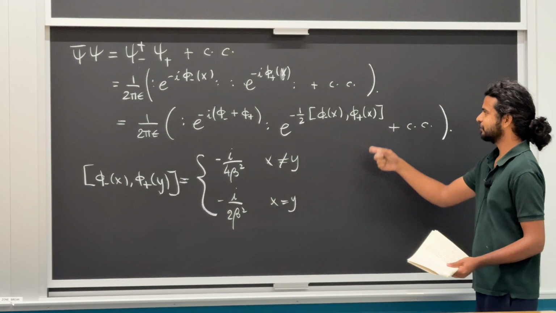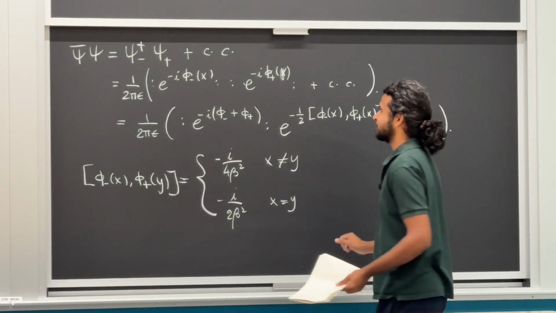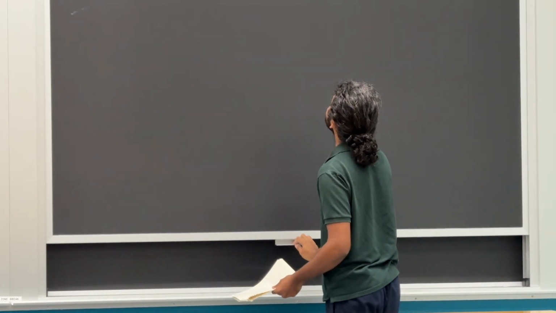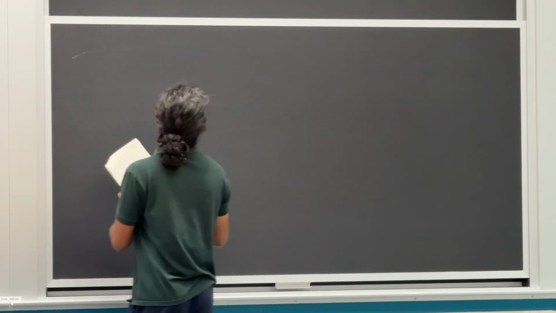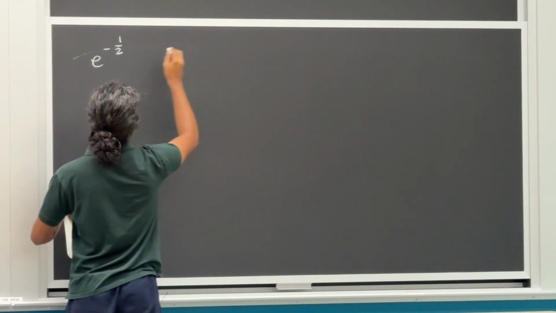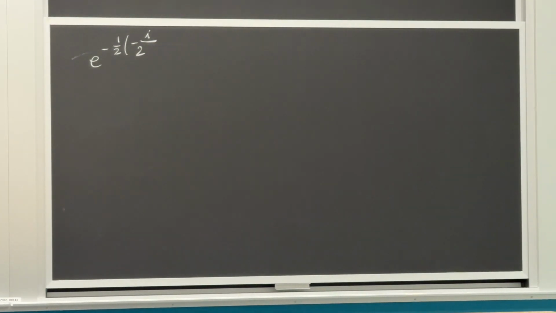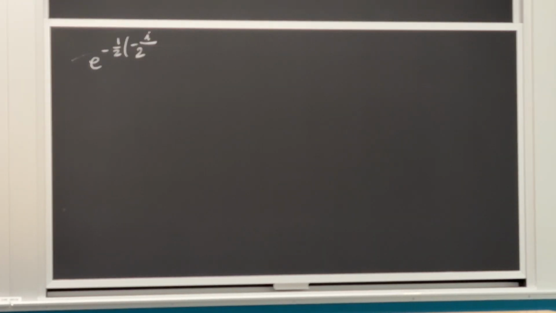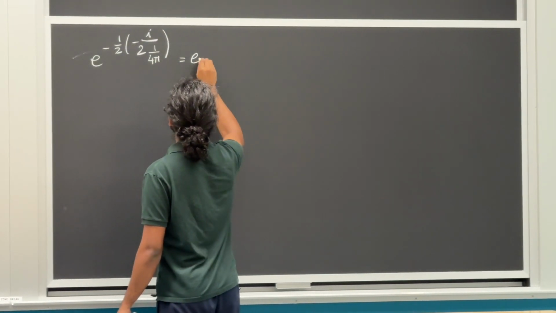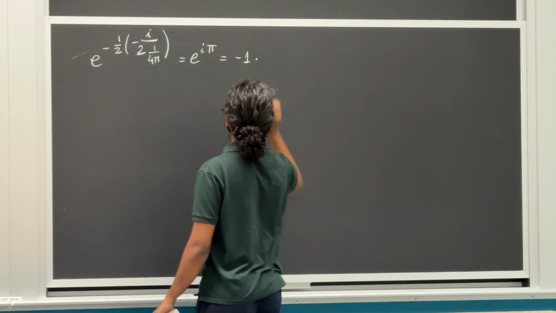So this is where this extra bit is useful. So let's make use of that. So we have e to the minus 1 by 2, x and x are the same thing, so minus i by 2, and beta squared, remember, is 1 by 4 pi. 1 by 4 pi is equal to e to the i pi, equal to minus 1.